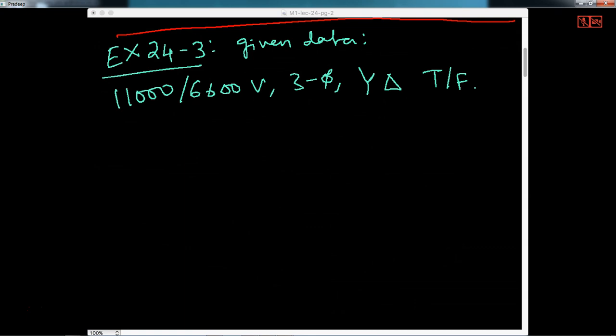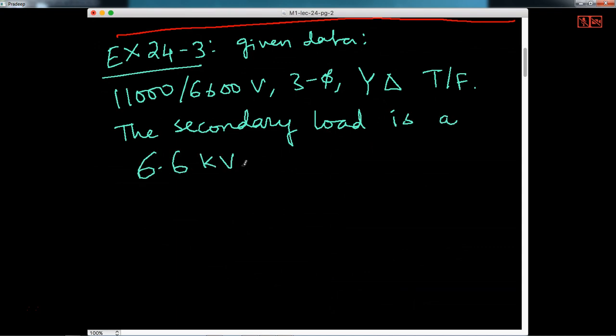Rating is not given. Now, for this transformer, the secondary load is a 6.6 kilovolt 3-phase motor with star connected stator.